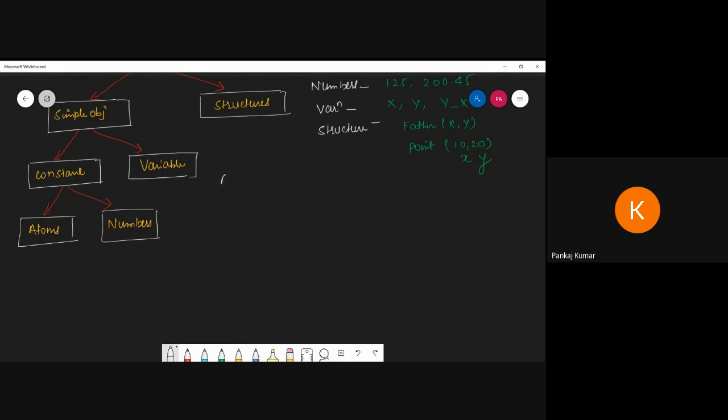Okay. So suppose I'm talking about the atom. What will be the meaning of that atom? Atoms are one variation of the constant.